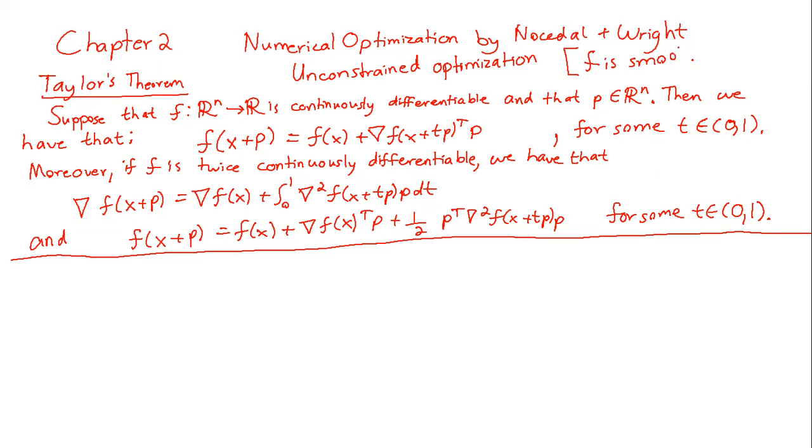As you can see here, we want it to be continuously differentiable, and if it's also twice continuously differentiable, we can have even more things hold. So if it's a continuously differentiable objective function, then we know that this relationship holds true with some p and some t. And if f is twice continuously differentiable, then we have some more properties. And so these led to the necessary conditions. So we have the necessary conditions for optimality, first and second order.